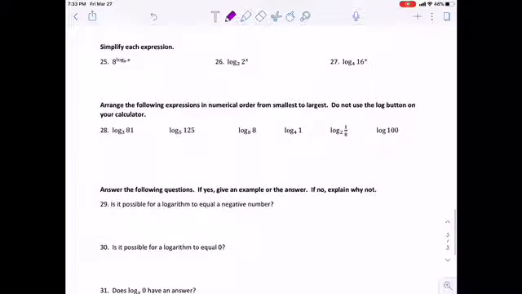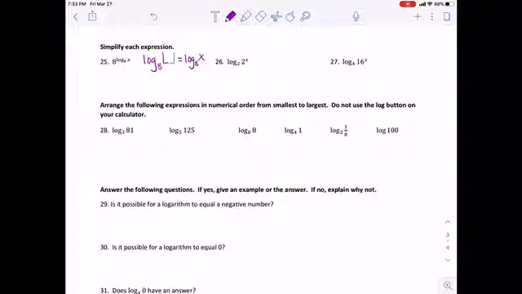This next section, I'm asking you to simplify each expression. So for example, number 25, we have 8 to the log base 8 of x, and we want to know what that equals. Well, remember how the answer to a log is the exponent. So I'm going to say the log base 8 of something equals the exponent, log base 8 of x.